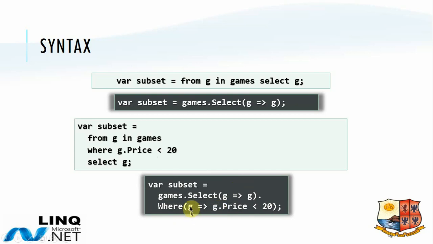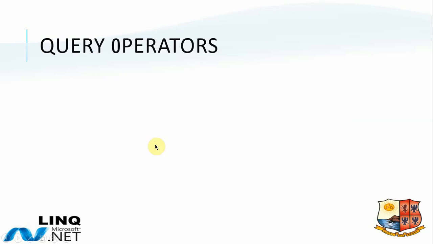And here G goes to G dot price less than 20. Same as these two. Whichever is easier for you, we'll pick that up. It is not compulsory to learn both. One is enough. I prefer this one because it is more readable for a normal person who has just understood what SQL is. That's why I'm not taking this. This is fine, but we'll see all the syntaxes.